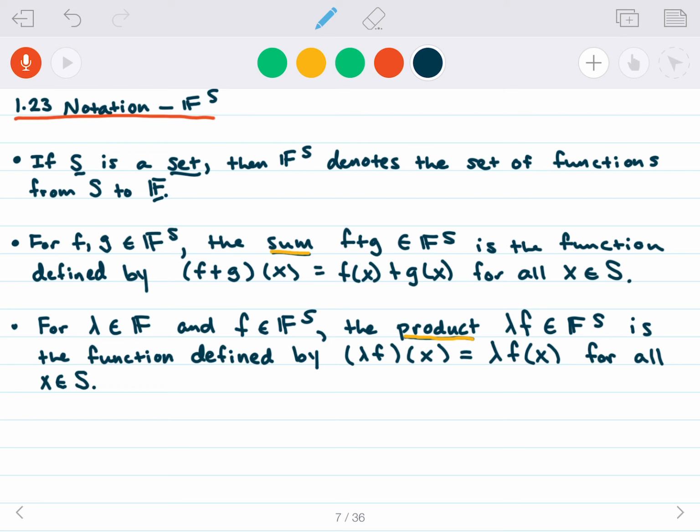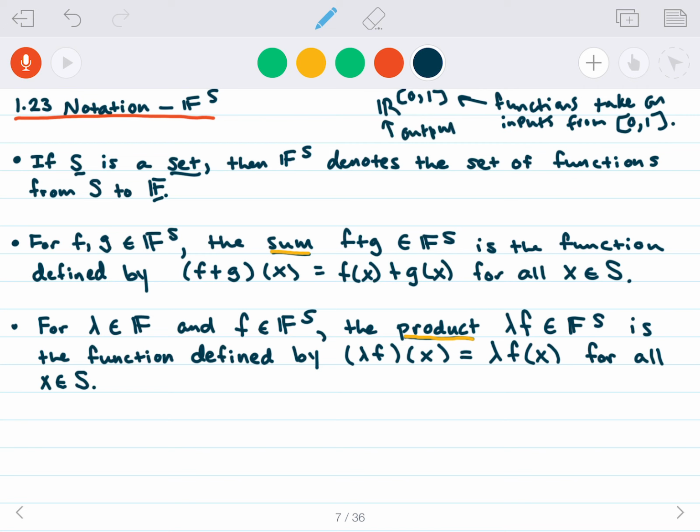For example, R^[0,1] means that our functions take inputs from 0 to 1, and the outputs are going to be real numbers. So that's what this notation means here.